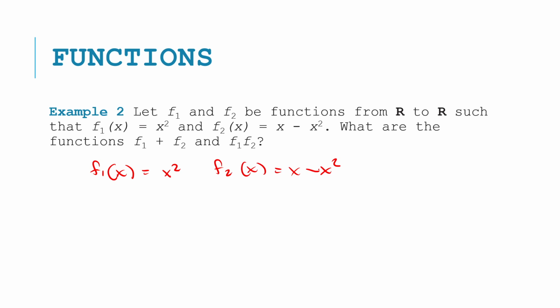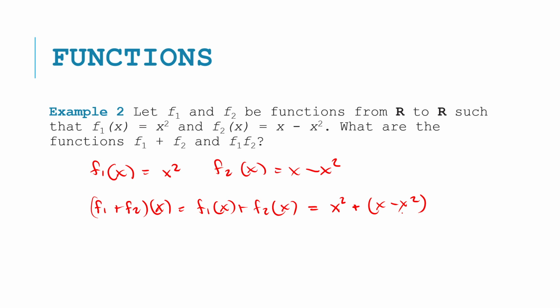If we want to find the function f sub 1 plus f sub 2, again, f sub 1 plus f sub 2 of x is simply f sub 1 of x plus f sub 2 of x. And f sub 1 of x is equal to x squared. Therefore, we have to add that with f sub 2 of x, which is x minus x squared. Simplifying this, x squared is cancelled and you are left with x.